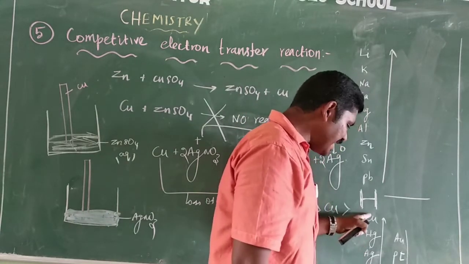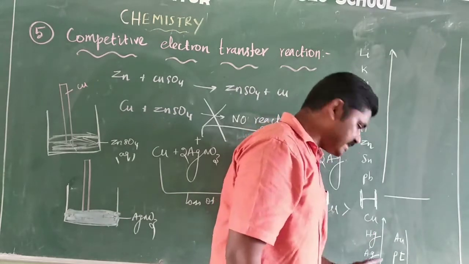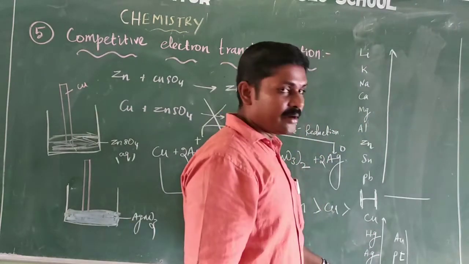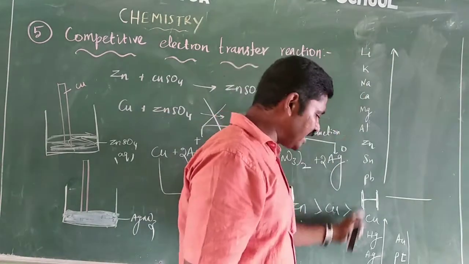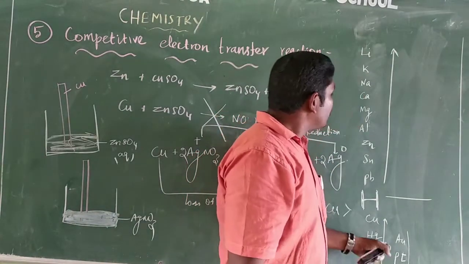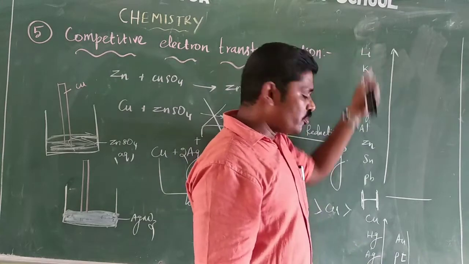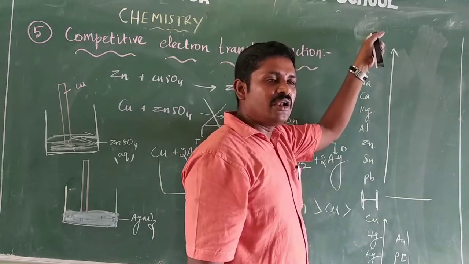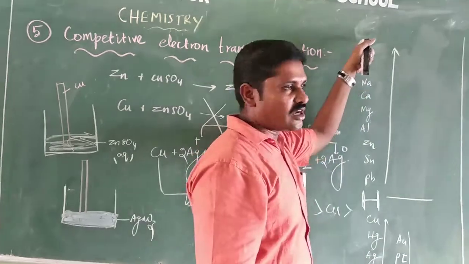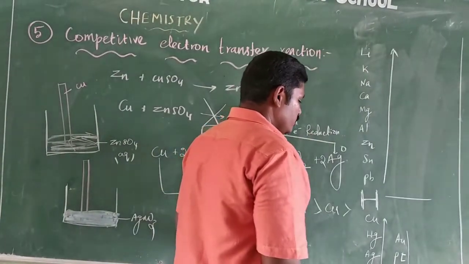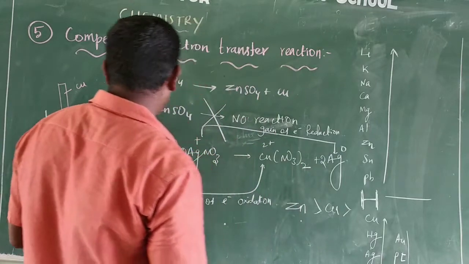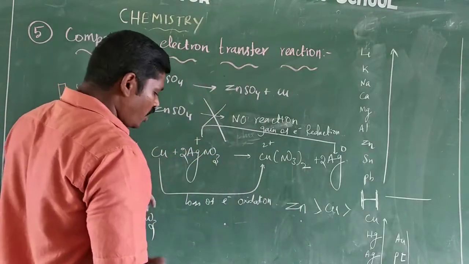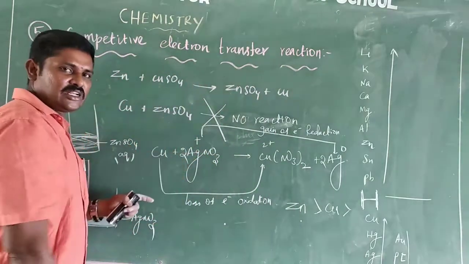From top to bottom, the electron releasing tendency decreases. From bottom to top, the electron releasing tendency increases. So using the electrochemical series, we can easily identify oxidation and reduction reactions.